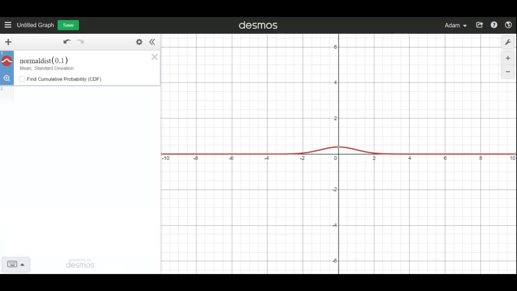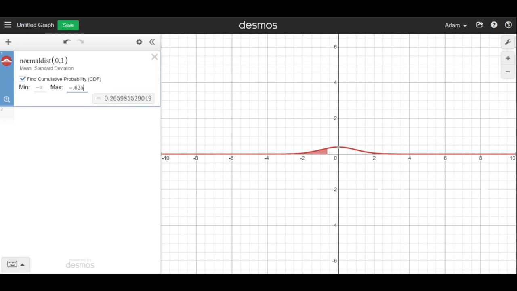So we have, for part A, it was to the left of negative 0.625. To the left of, we have to click also this CDF thing, cumulative probability thing. So for the first one, to the left of negative 0.625, we actually get this number, which is a little more accurate because we had to round.